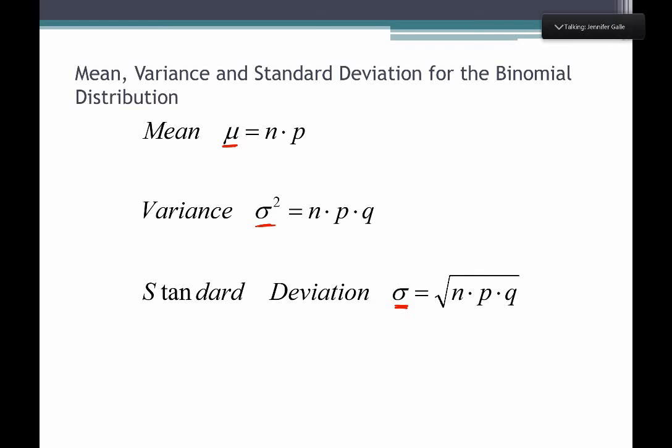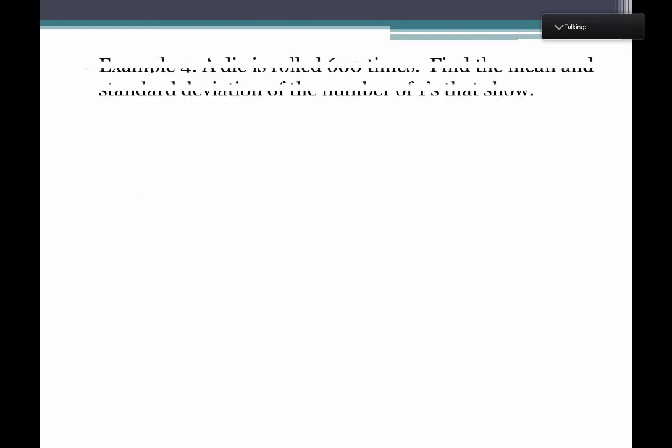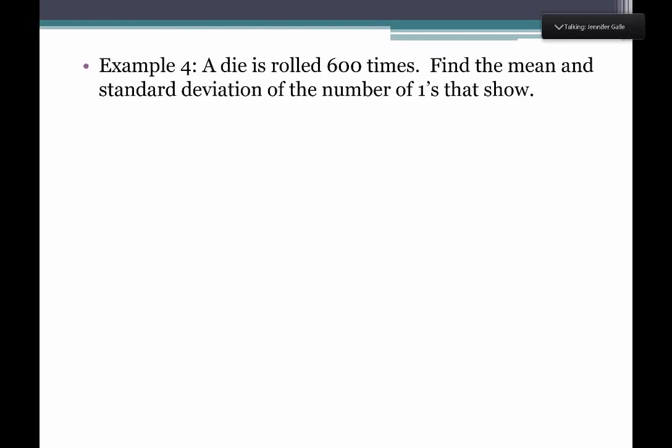All right, so we have a die being rolled 600 times. Find the mean and standard deviation of the number of ones that show when you roll the die. So to find the mean, we need n, we need p, and q.